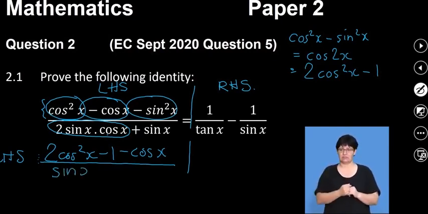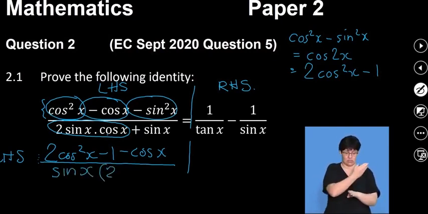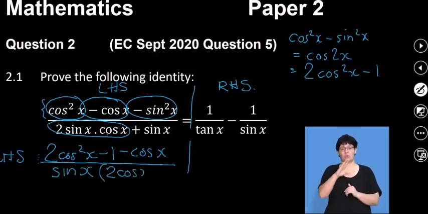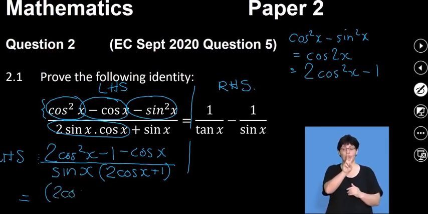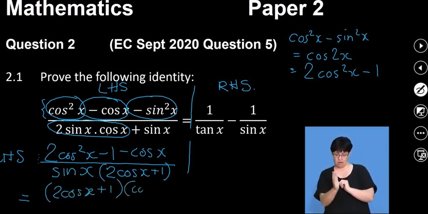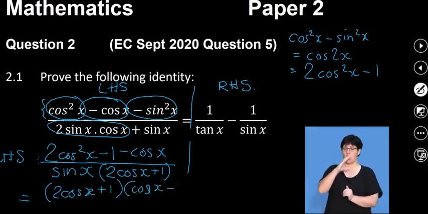I'm going to factorize a sine x out of there, and I'm going to be left with 2 cos x plus 1. All right. If I look at that numerator now, I now have a quadratic trigonometric expression. And I can factorize that into 2 cos x plus 1 and cos x minus 1.